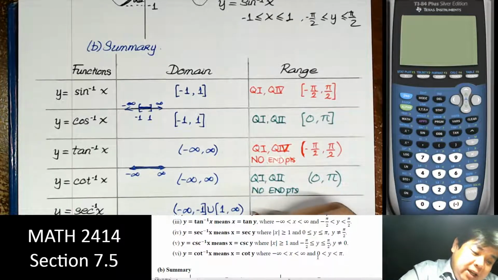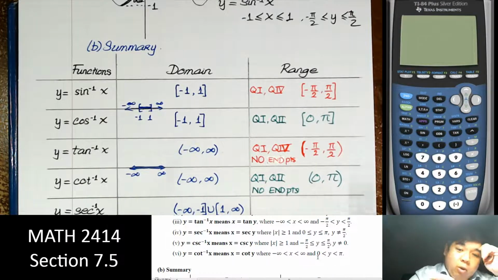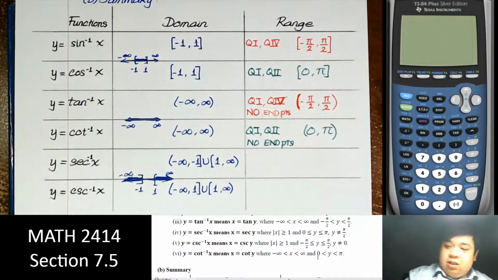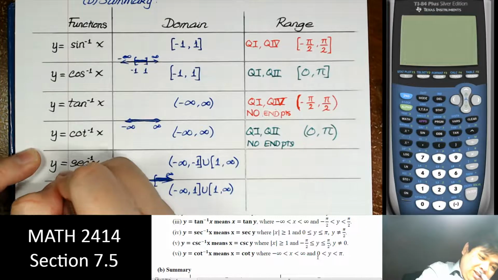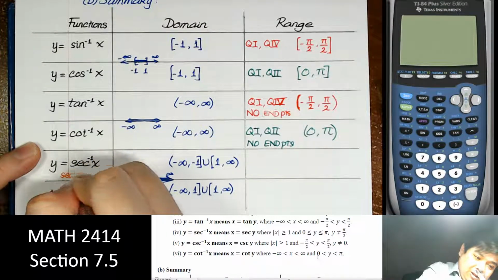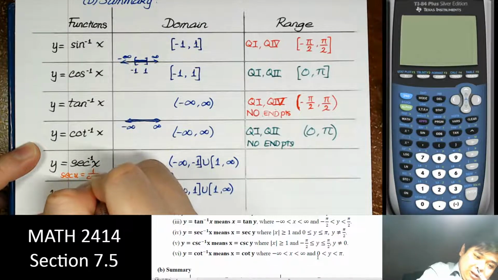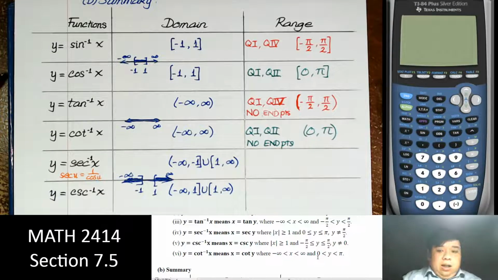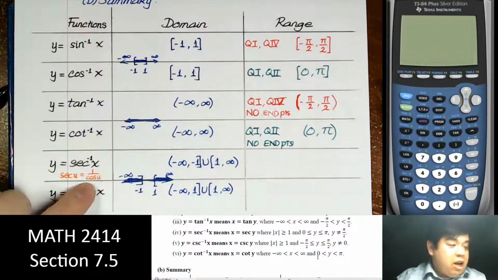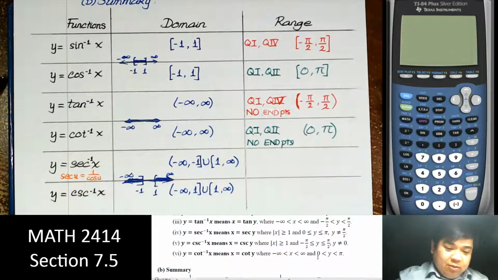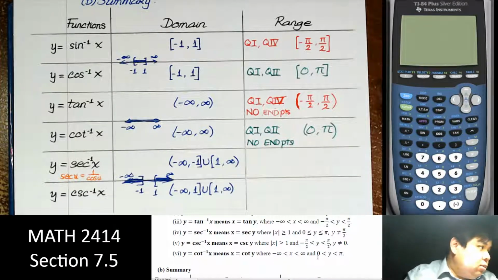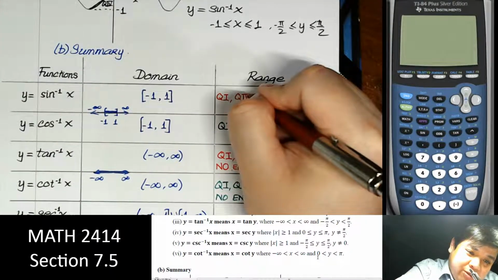Anyway, secant is the reciprocal of cosine, so it will be similar to cosine, except where cosine equals 0.